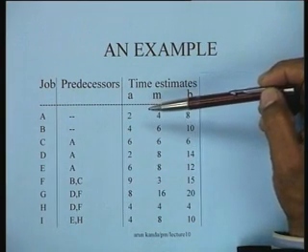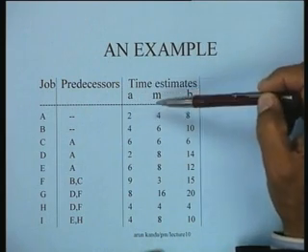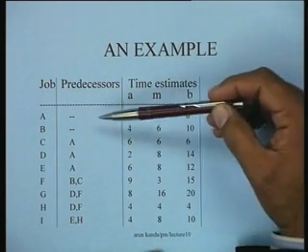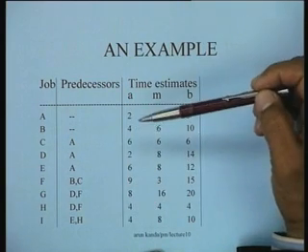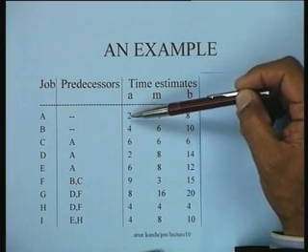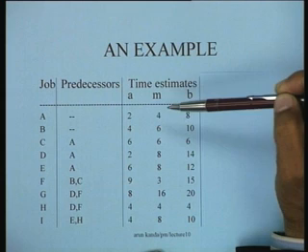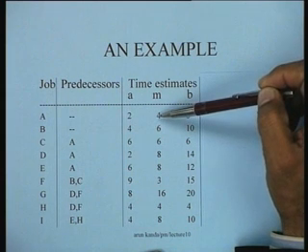As I indicated to you earlier, there would be 3 time estimates, the optimistic, most likely, and the pessimistic time estimates for each job. So in this case, for instance, we feel that job A can be done in 2 days, or it can go up to 8 days, but the most likely time for completing job A is 4 days.